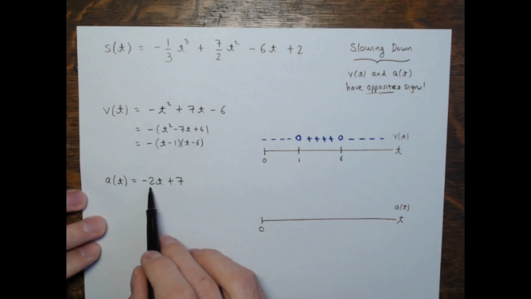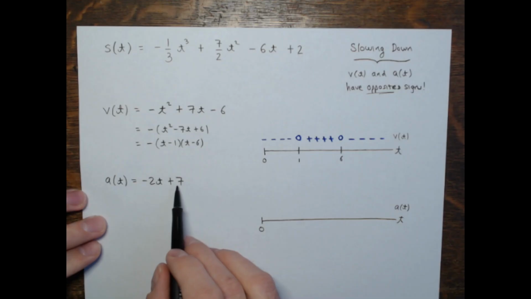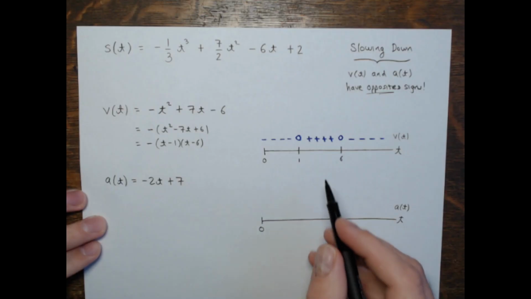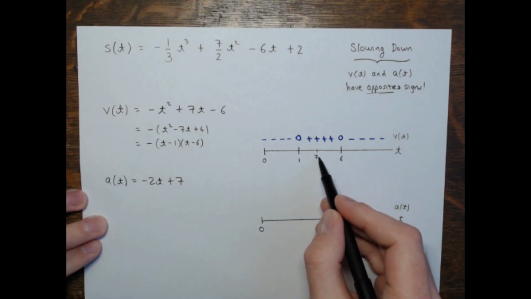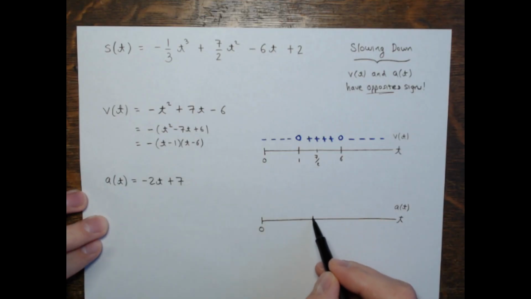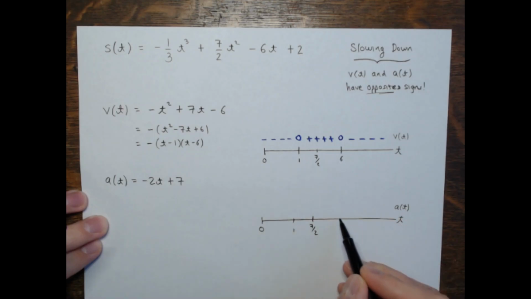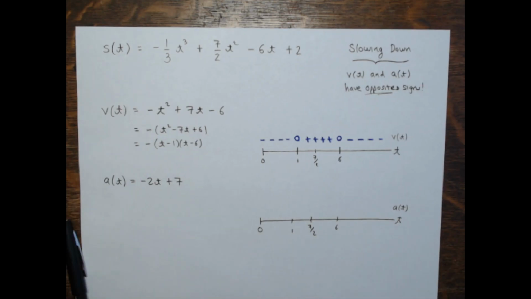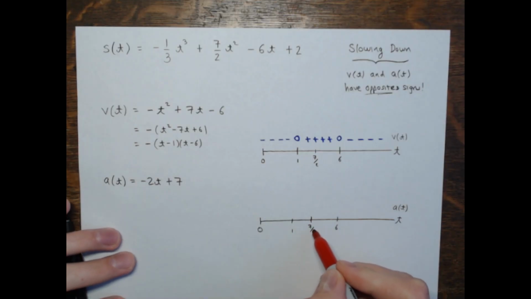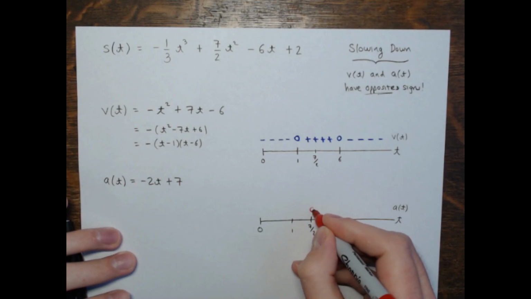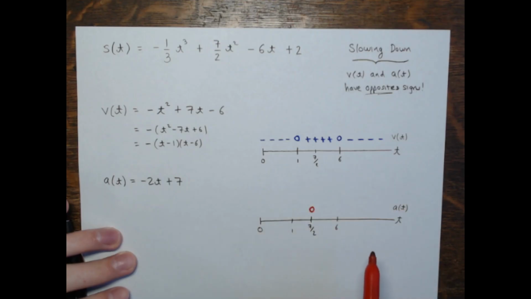All right, now the acceleration. If you set this to be 0, subtract 7, divided by negative 2, it'd be 7 halves, 3.5. So that's in between 1 and 6. I'll put that down here and line these up. Here's the 1 second mark and 6 second mark as well. But at 7 halves, at 3.5 seconds, the acceleration is 0.